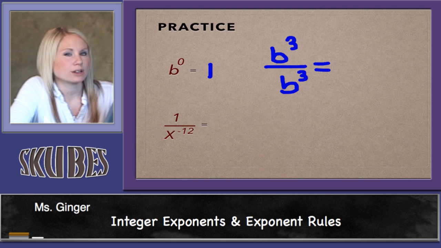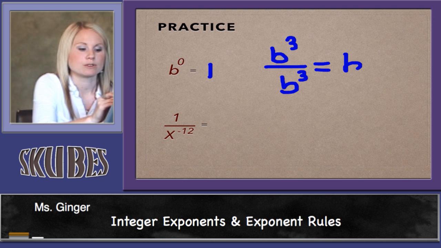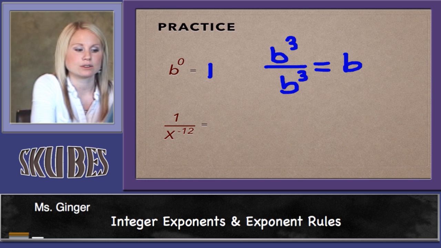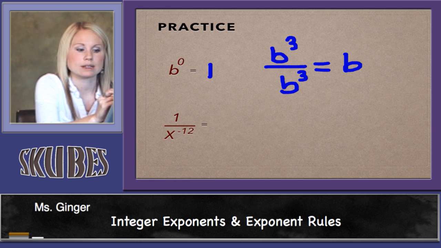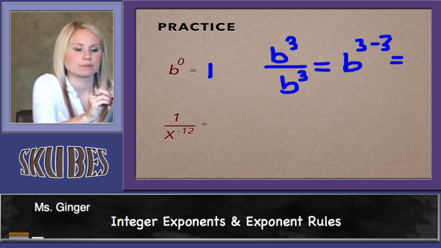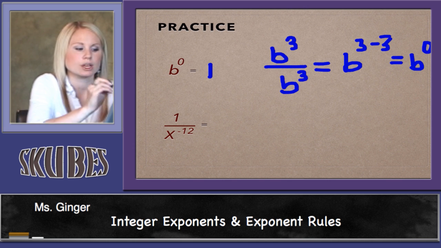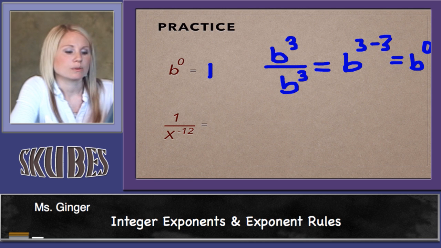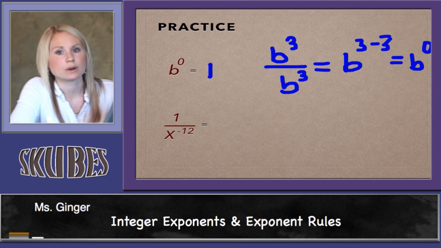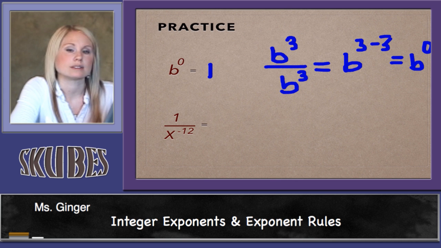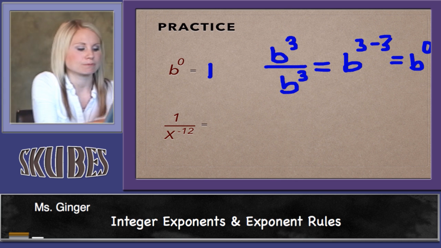If I followed my subtraction rule for division, this would be b to the 3 minus 3, which is b to the 0, which we said is 1. And the reason for that is because anything divided by itself is going to be 1.